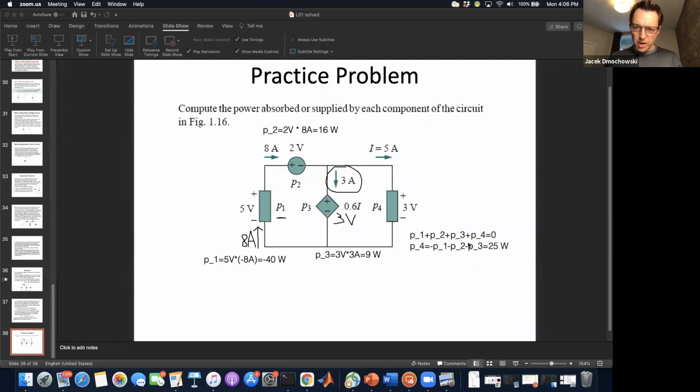And so that's one way of doing it. But another way is by noting that there's 5 amps flowing in, and the 5 amps is hitting the positive terminal. So another way of getting to this answer would be to multiply the voltage of 3 times the current of 5, which is 15 watts. Oops, this should be 15.